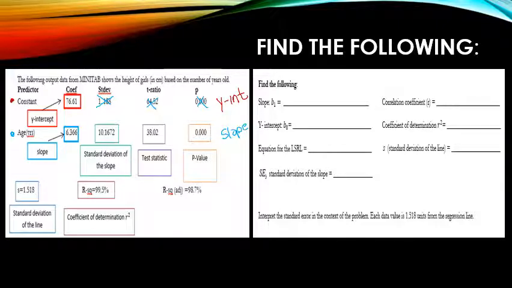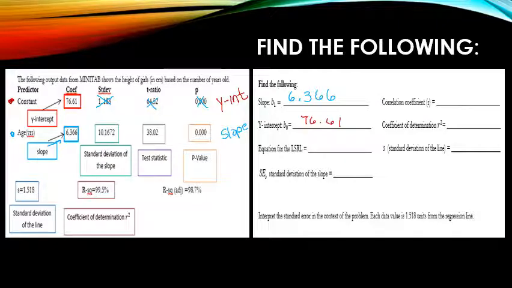So if we go over to our computer output, down to the second row, which is age, across from that is our slope, which is going to be 6.366. Then the y-intercept is going to be our constant, which is our first row right here. The coefficient of our constant is this 76.61.